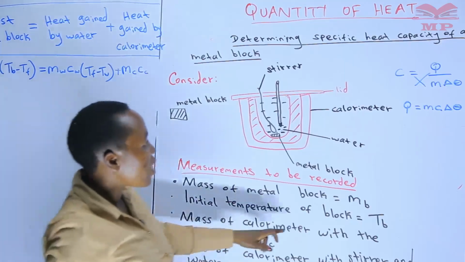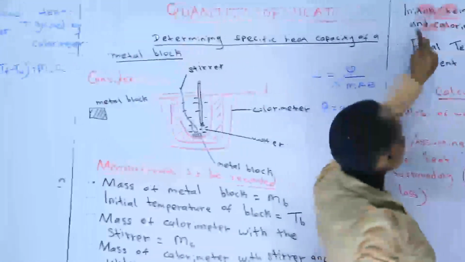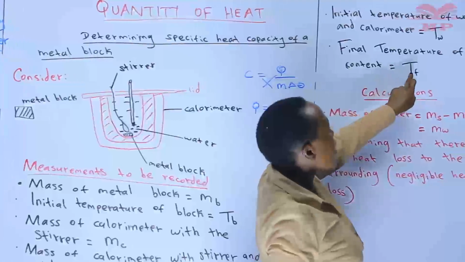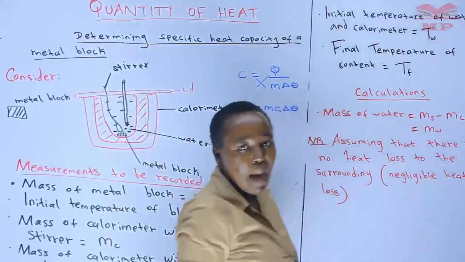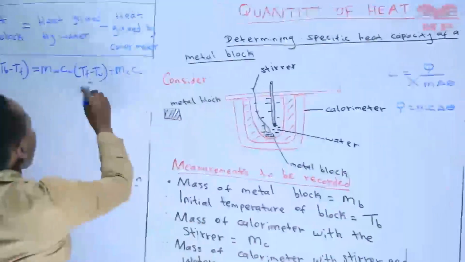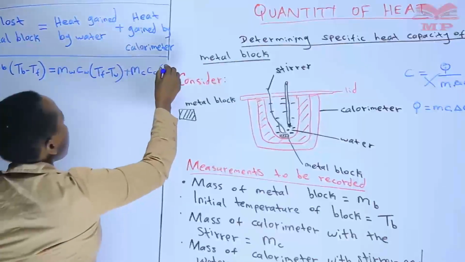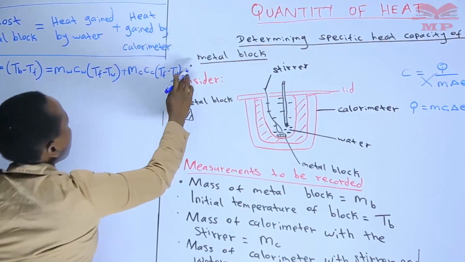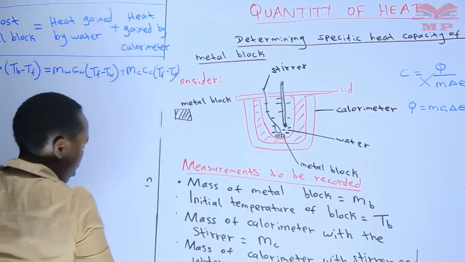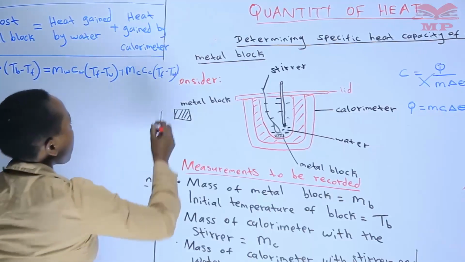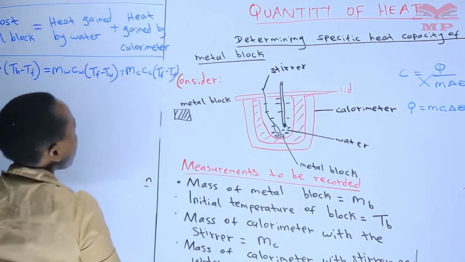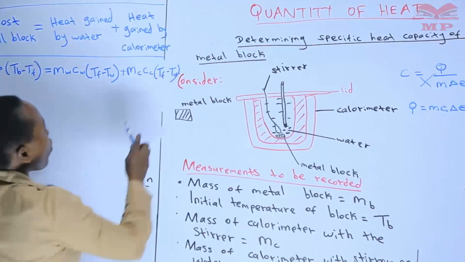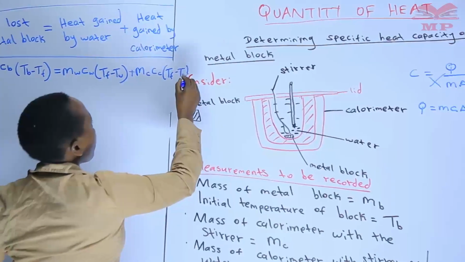The temperature is changing from TW to TF, and we have seen TF is greater than TW. So the change will again be TF minus TW. And this is what we are going to have as our equation.